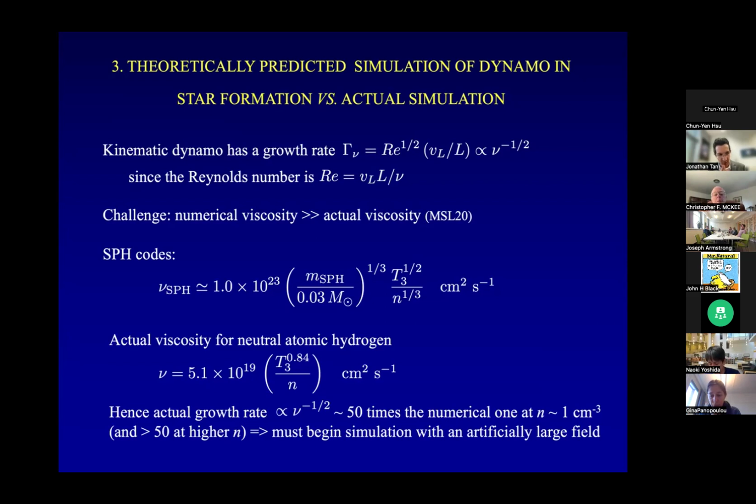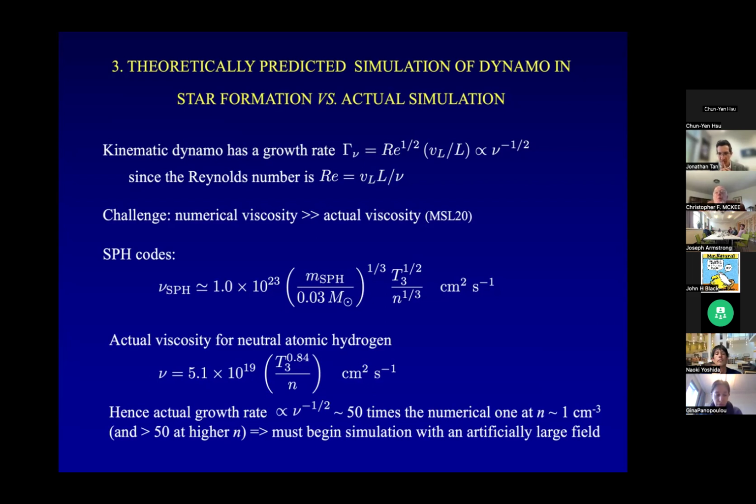So you're saying when they see fragmentation, it's because their field has not been amplified quickly enough? No, they put in a strong field. I'm just saying that they do not put in a self-consistent field. Our field was evolved self-consistently over cosmological times. Whereas what they do is assume a field that is close to equipartition and turbulent and so forth.